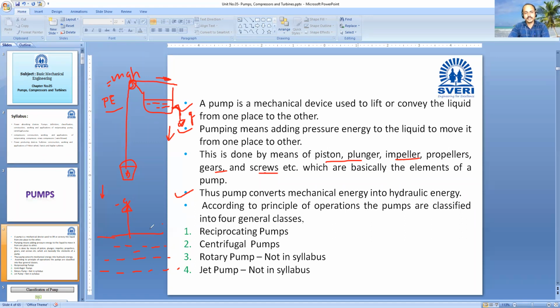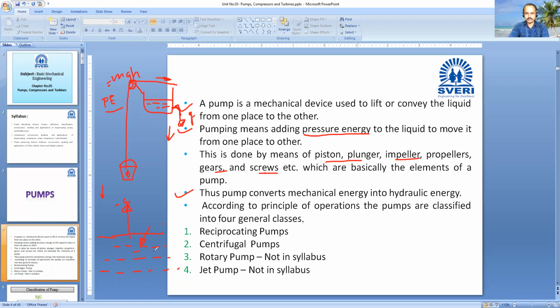Now one more thing, if we add pressure to that water, then also we can lift this water. Okay, so the concept here is mechanical energy into hydraulic energy, or pumping, meaning adding pressure energy. This says that if I can add pressure energy to that water, then that water can be lifted.